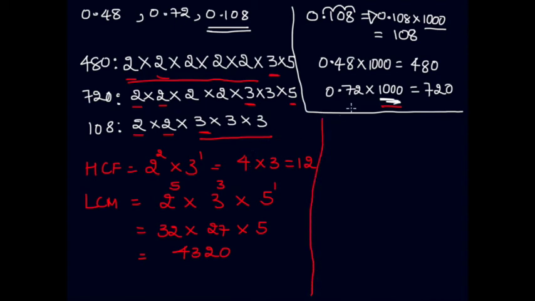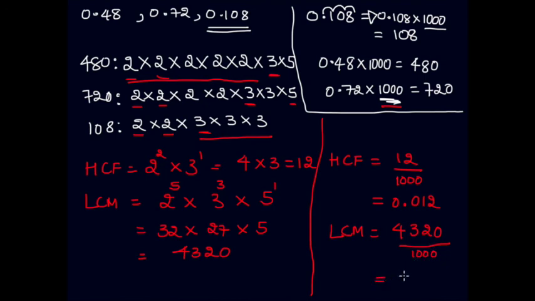So HCF now becomes 12 divided by 1000, which is equal to 0.012, and LCM now becomes 4320 divided by 1000, which is 4.32. I left out the 0 because it doesn't make any difference if you add zeros after the final digit.